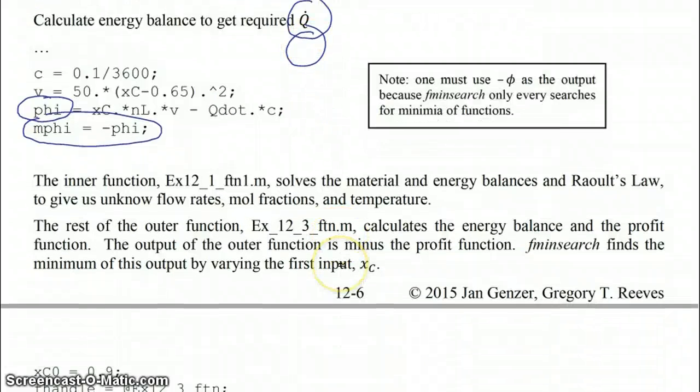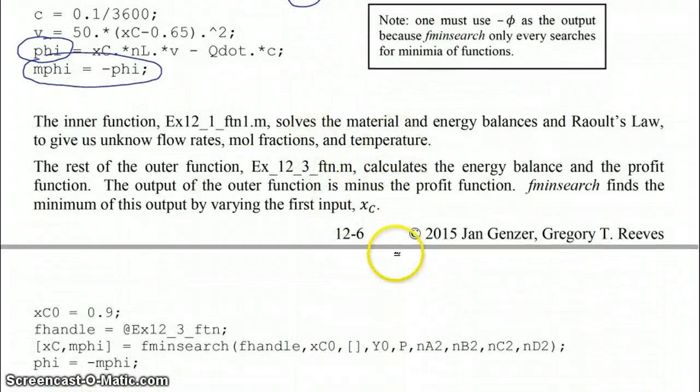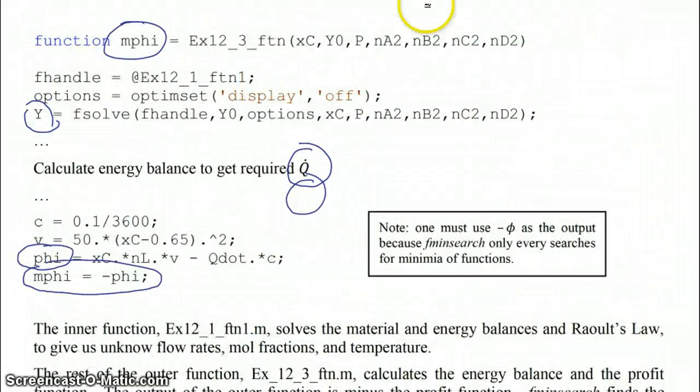Now on the script side, it's going to look something like this, where you have an initial guess xc0 equals 0.9. You have an f handle which calls your outer function, and then you're going to make a call to fminsearch to that outer function, giving it the value of your initial guess, an options parameter, which is just a placeholder here by brackets, and then also these other parameters here, which you see as the other parameters that are in this function here.